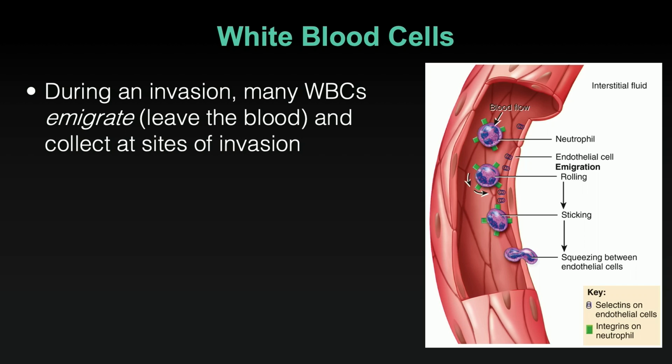White blood cells can emigrate or leave the blood in response to an infection or an invasion, so they are in the immediate presence of whatever the invading factor is. And they have to in order to destroy it. They need to be able to do this and be localized to the site of infection.